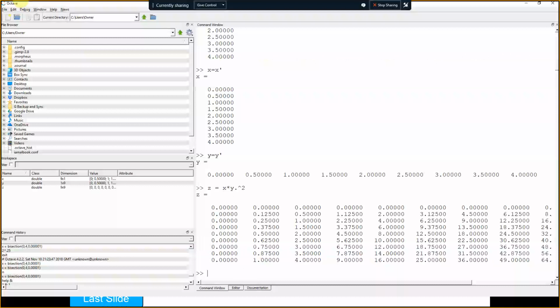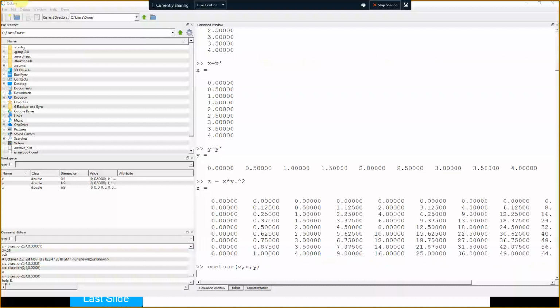Alright? And then I'm going to do a contour. And I'll say z, x, y. Don't see it. It's here, but not on your screen, but I'm checking. Give it a minute.